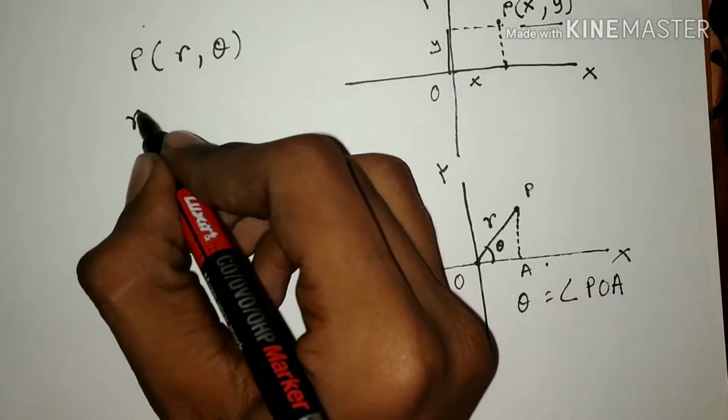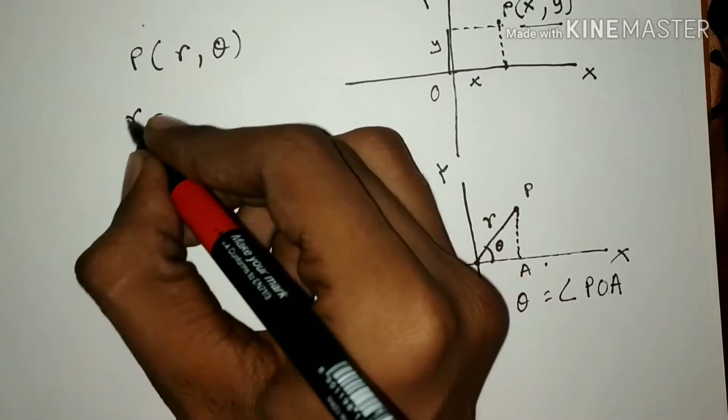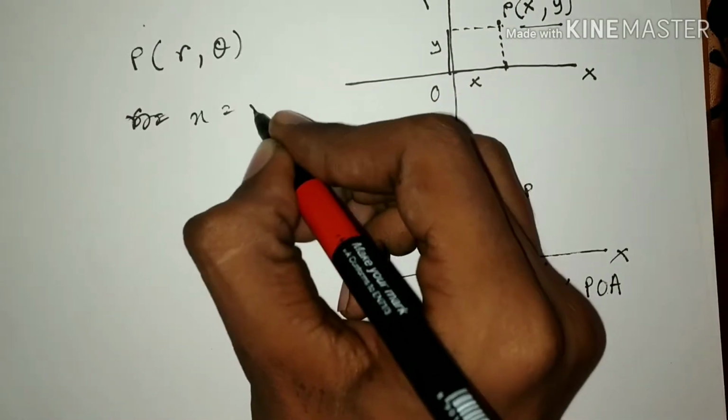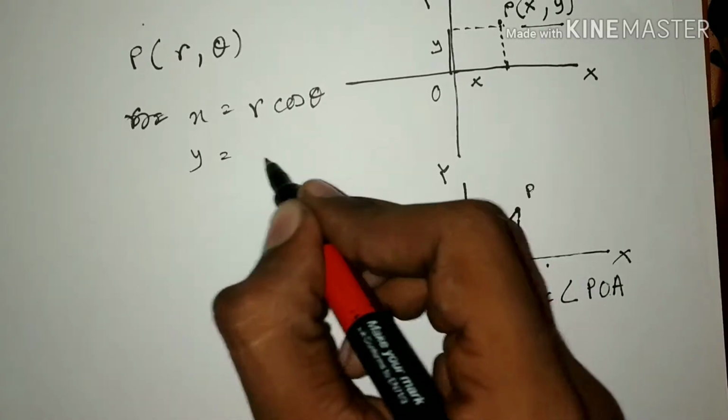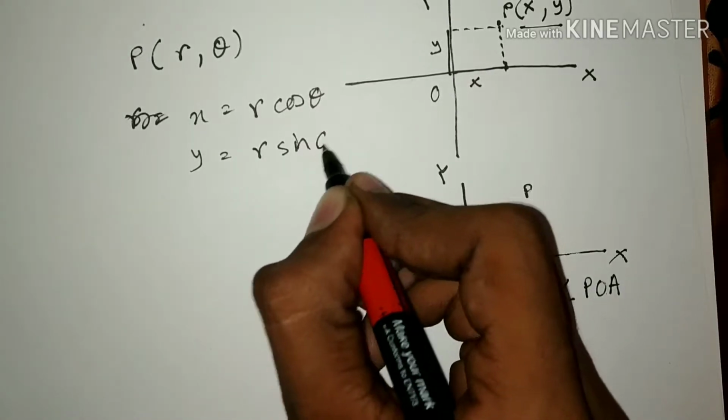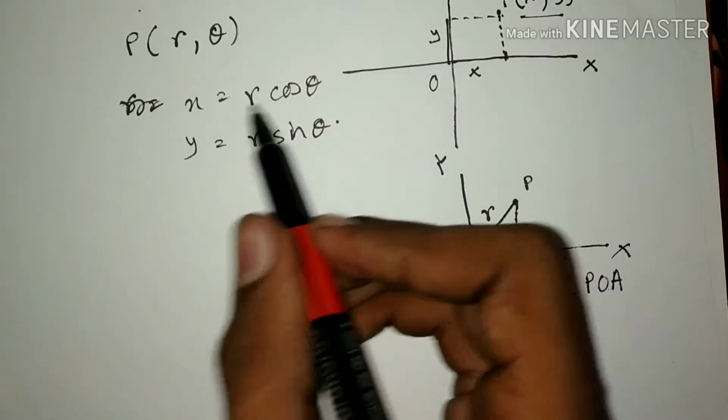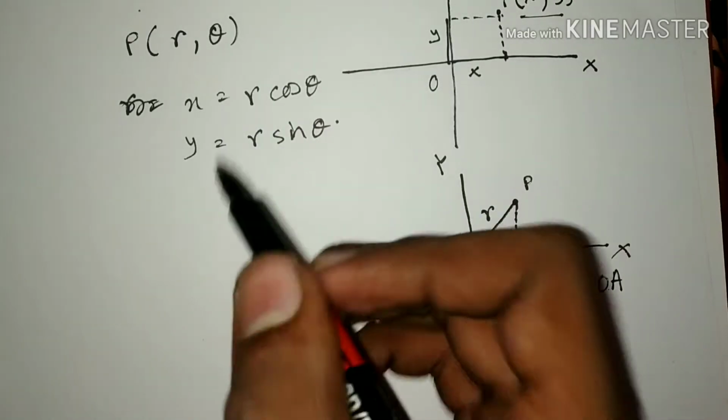Then x equals r cosine theta and y equals r sine theta. So from these formulas we can find out x and y.